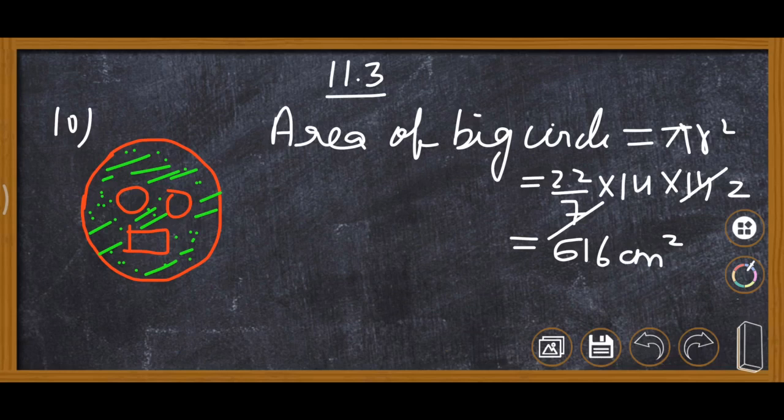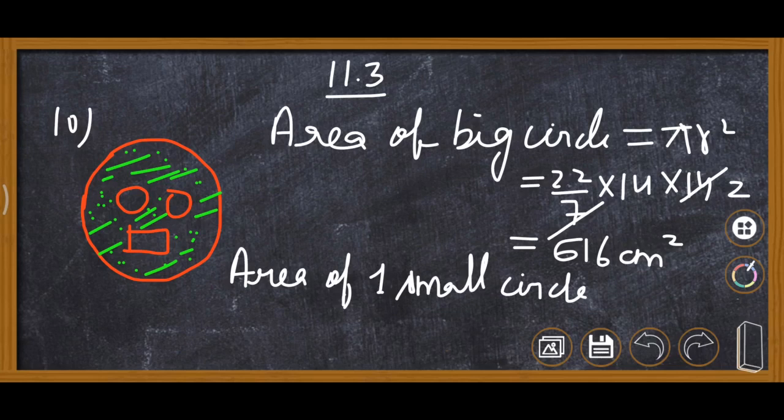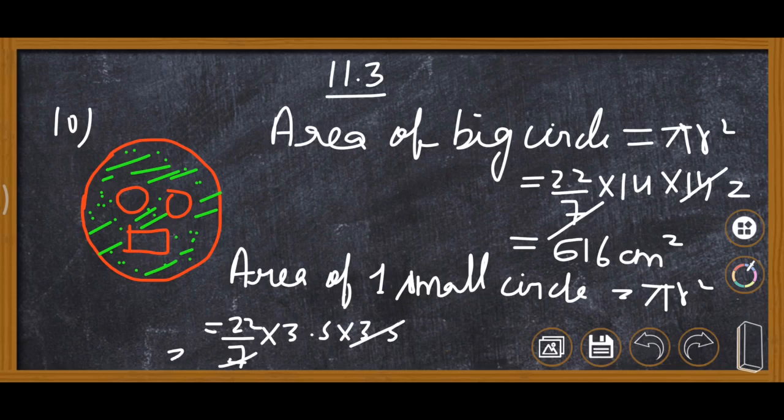Now we will find the area of one small circle. Now it is also the same formula pi r square, but the radius is not the same, it is 3.5 into 3.5. Now 3.5 twos are 7, this 2 22 11.